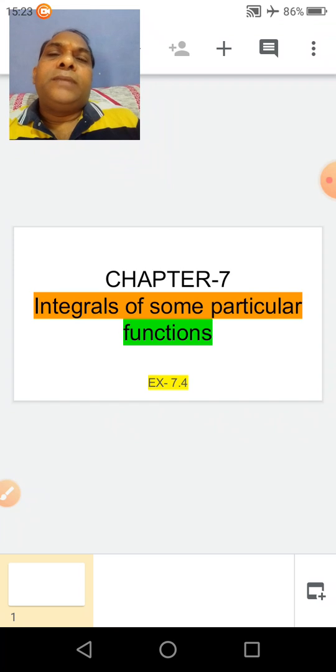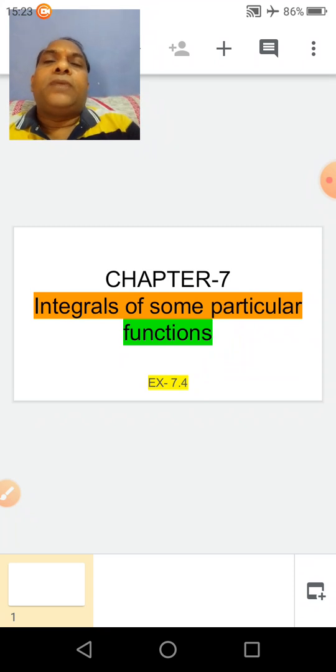Then this question will be converted in two parts. The first part you can solve by using the substitution method, and the second part you can solve by completing the square. So you have to complete exercise 7.4 with examples. Okay students, thank you.